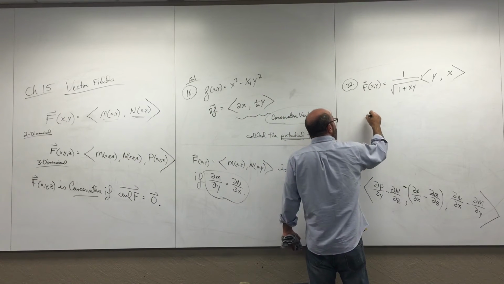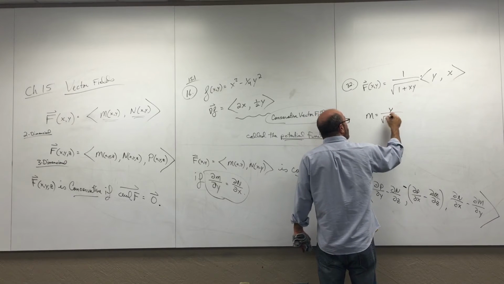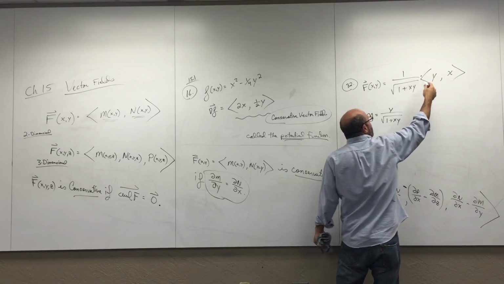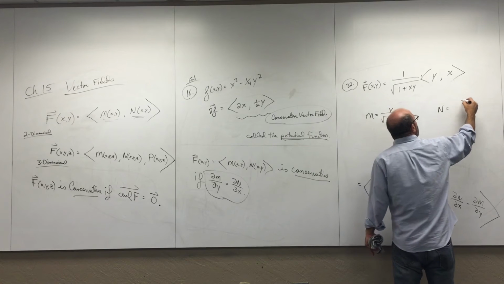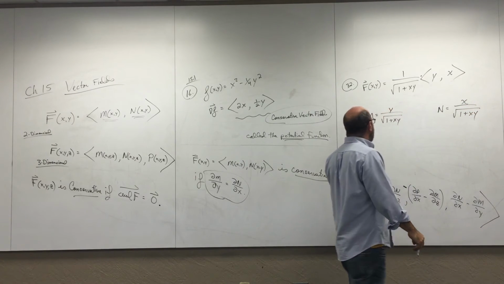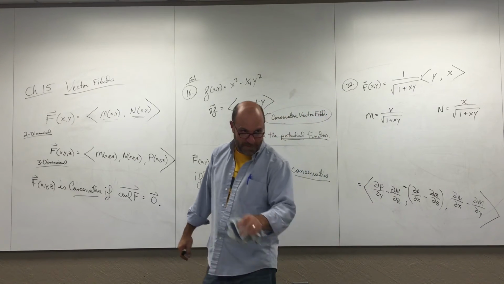What is my M? My M is y over the square root of 1 plus xy, right? I kind of got to distribute this back in to see my M. What is my N? My N is x over the square root of 1 plus xy. Well, great. If I'm going to do these partial derivatives, I guess I got to do quotient rules or something.